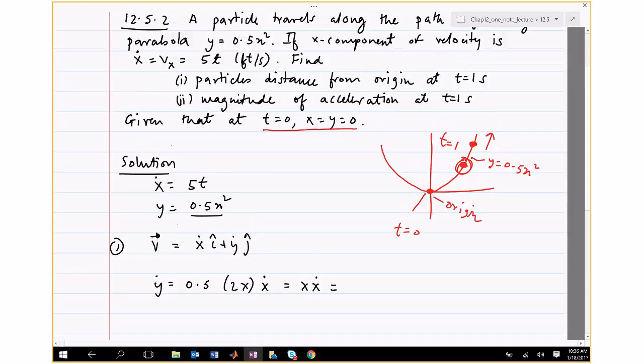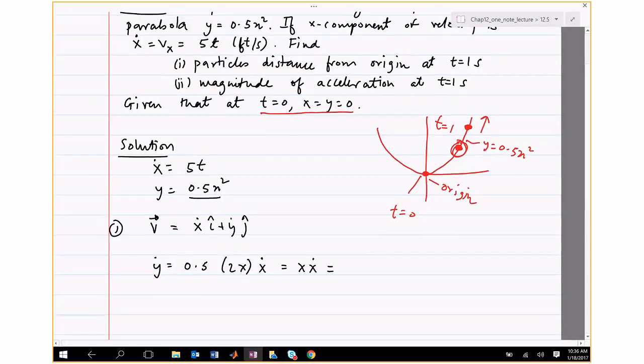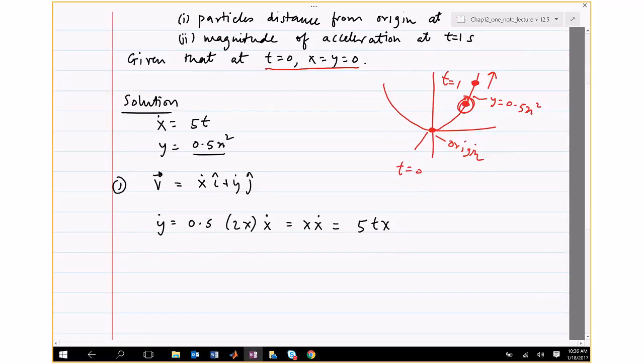You're not given x, so I'll write it as it is, and x dot is 5 times t. So 5 times t times x. Now x is unknown. You know the time, t is 1 second, but you have to find x.